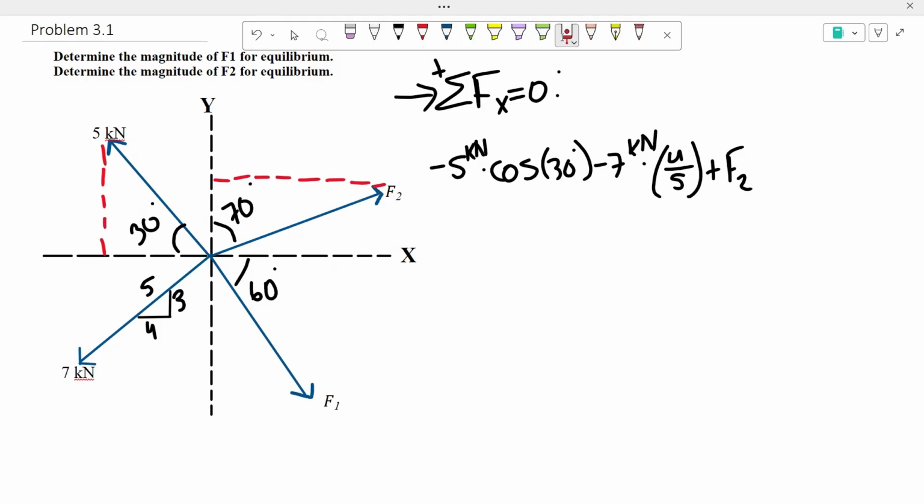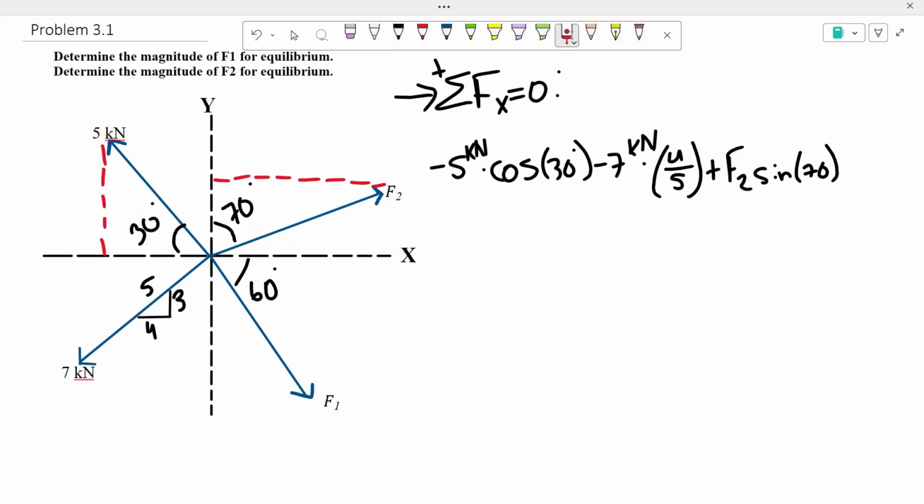So we're trying to find the opposite and hypotenuse, which is why we're going to use sine, since sine is opposite over hypotenuse. So f of 2 times sine of 70.